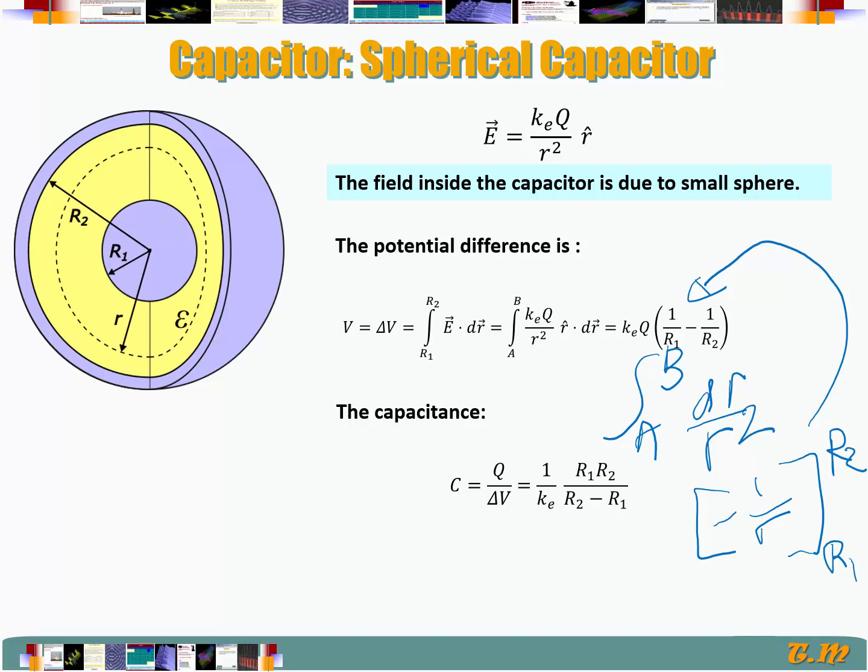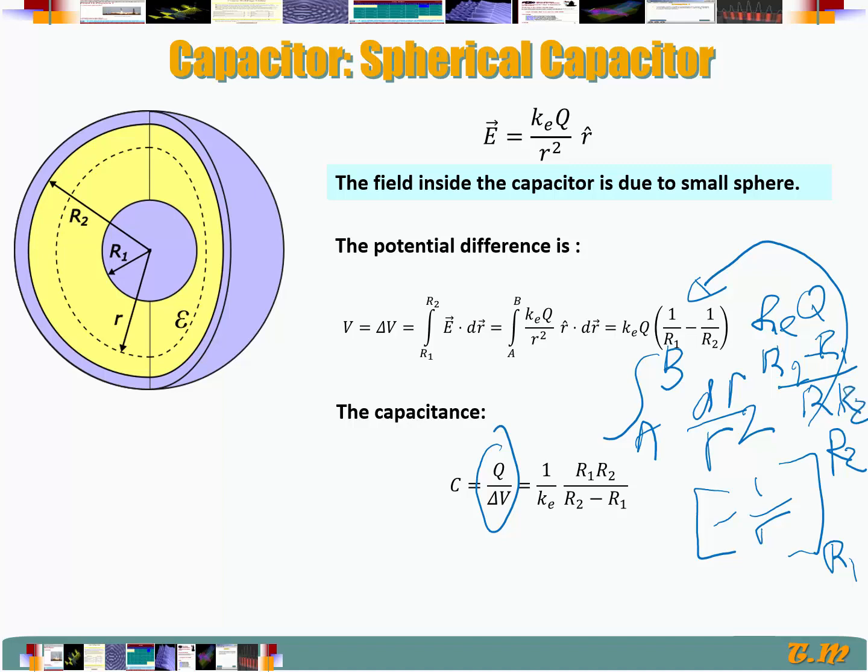The capacitance being equal to Q over delta V, so we just do the calculations. So this one here, if we put it in the same denominator, that will give me K Q times R2 minus R1 over R1 R2.